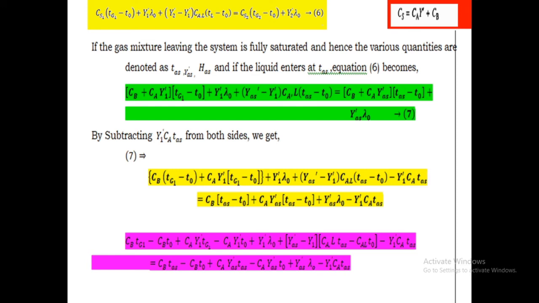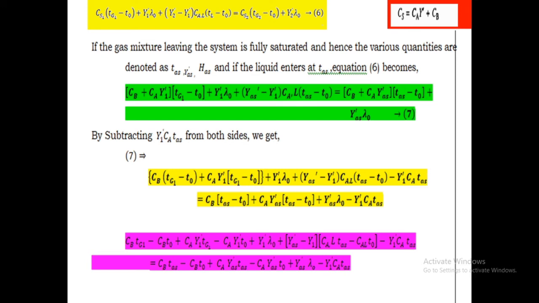So in equation 6, only the outlet condition changed from normal condition to saturation condition. Why? Because the gas mixture leaving the system is fully saturated. One more additional information here, liquid enters at TAS, that is the temperature changing from liquid temperature to TAS. Are you clear or not? Okay.